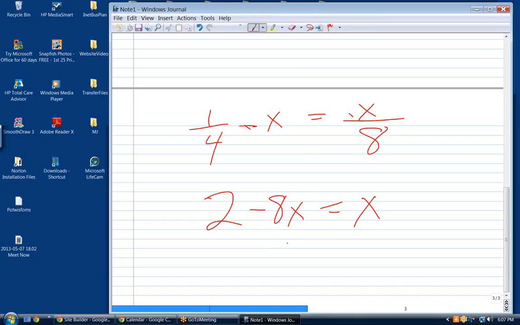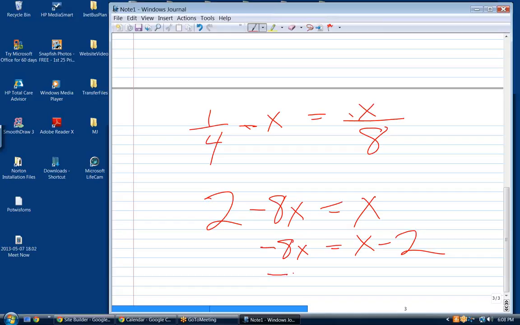Subtract 2 from both sides. Okay, what's the next line of the equation? Well, then that would be negative 8x equals x minus 2. Okay, now what? And then subtract x. Okay, what's the next line in the equation?